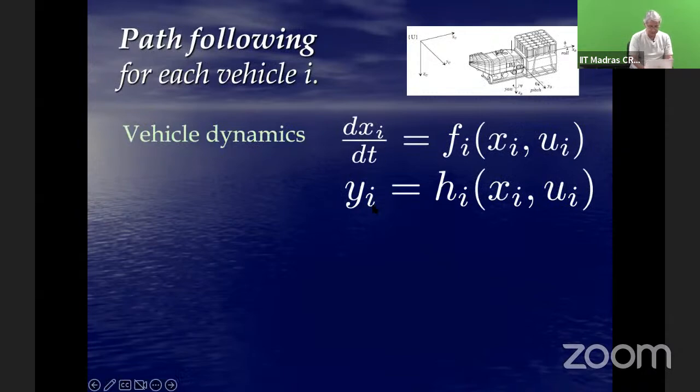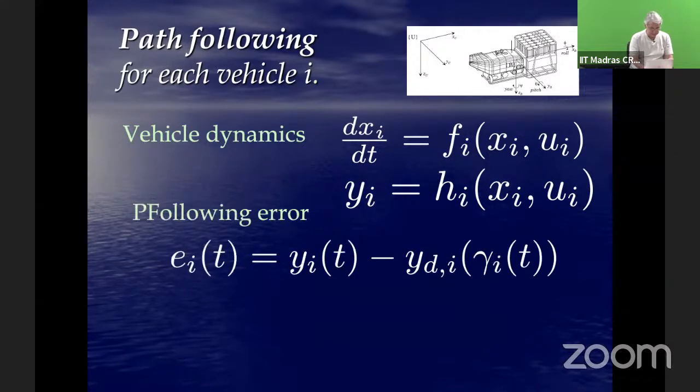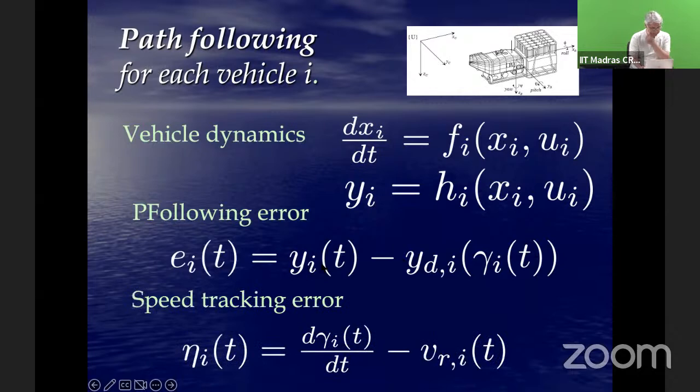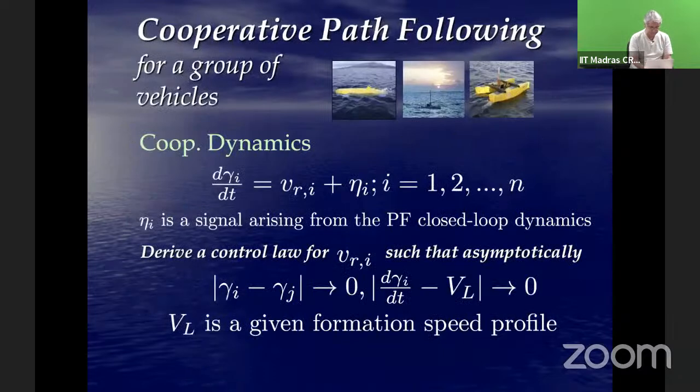So for each vehicle, you have the dynamics. It could be a simple ship with a rudder, with the yaw and the yaw rate, and you measure the yaw angle, whatever. And the path following error, which tells you how far away you are from that path. And the speed tracking error that tells you how far you are from the desired speed you want to achieve.